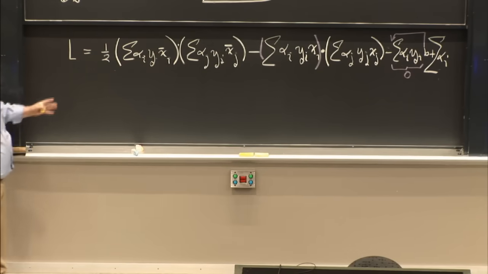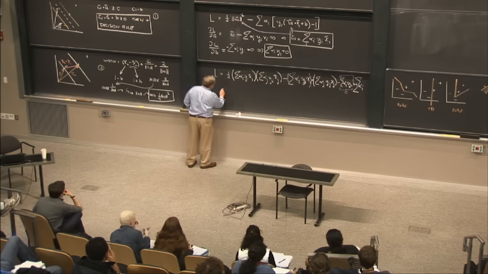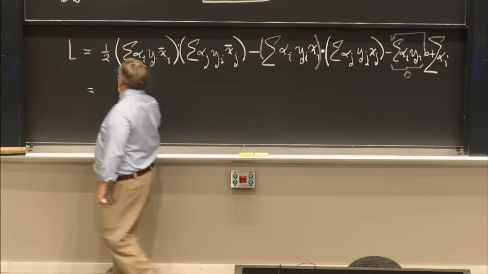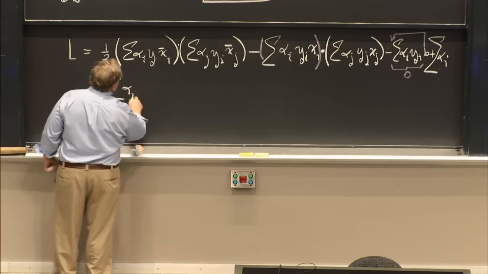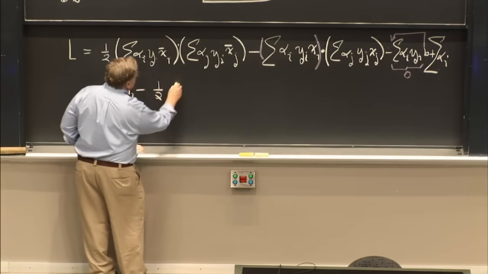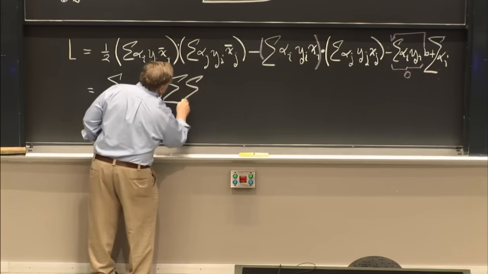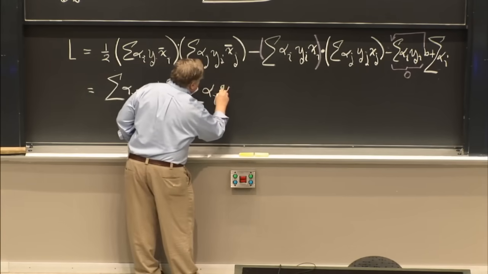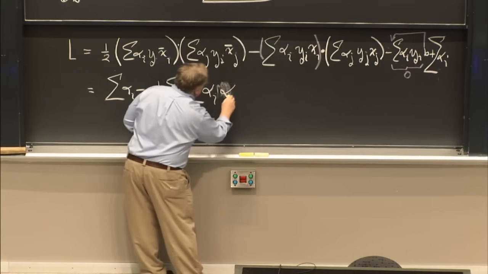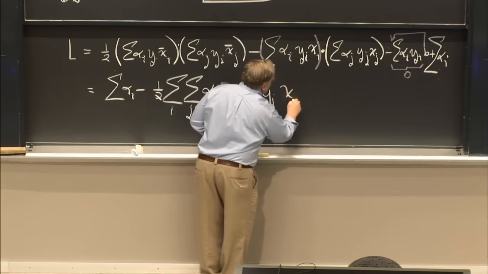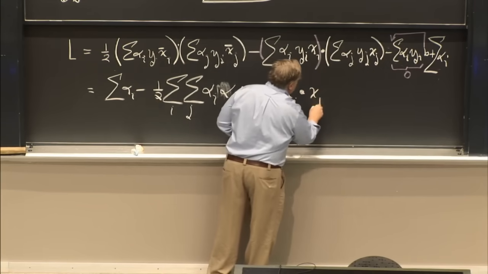So now what we can do is rewrite this Lagrangian. We've got that sum of alpha I, that's the positive element, and then we've got one of these and half of these, so that's minus 1/2, and now I'll just convert that whole works into a double sum over both I and j of alpha I times alpha j times y sub I times y sub j times x sub I dotted with x sub j.